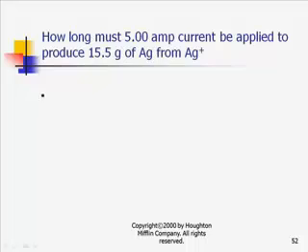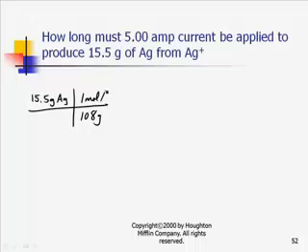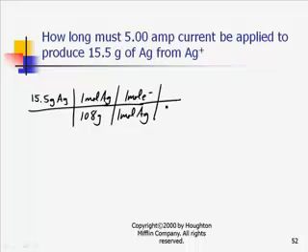So here, if I have 15.5 grams of silver, and the molar mass of silver, we'll just do a rough 108 grams in 1 mole of silver. And then for every 1 mole of silver, I need 1 mole of electrons. And 1 mole of electrons is 96,485 coulombs.